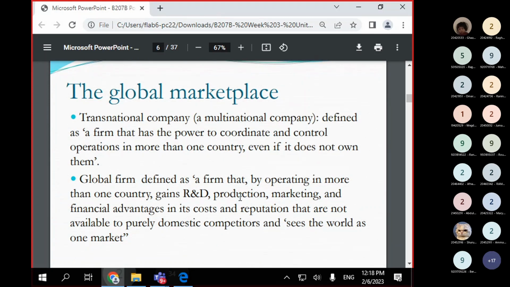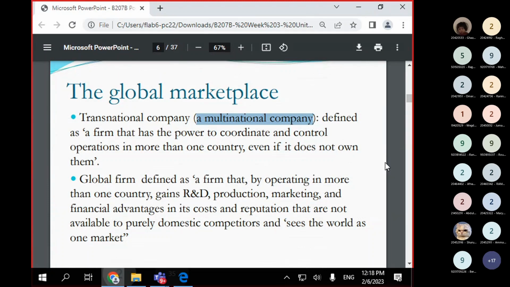Now here we have some terms. We have what we call a multinational corporation or company. It's called MNC. So when you see the term MNC, it's a multinational company. It's defined as a firm that has the power to coordinate and control operations in more than one country, even if it doesn't own them.